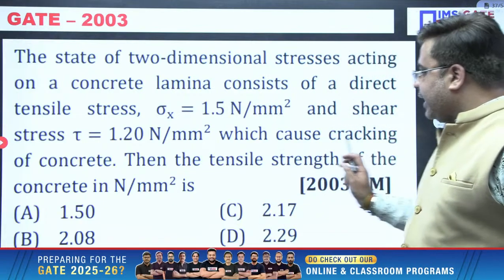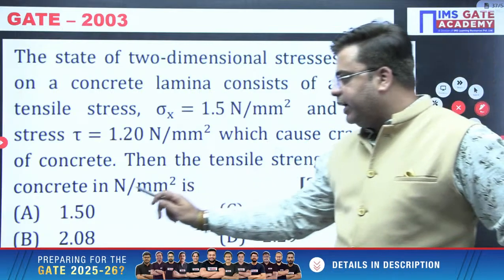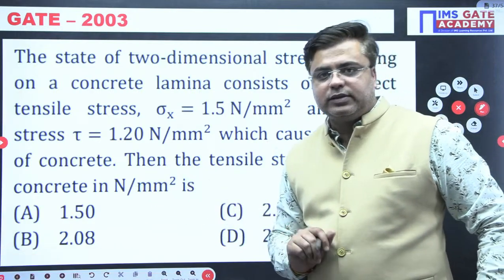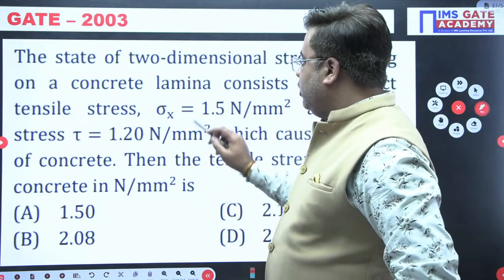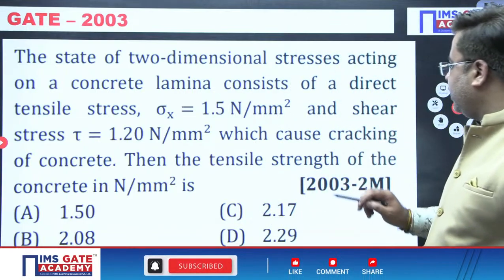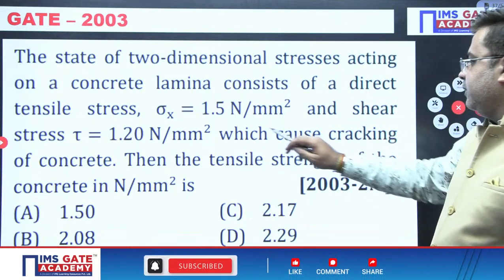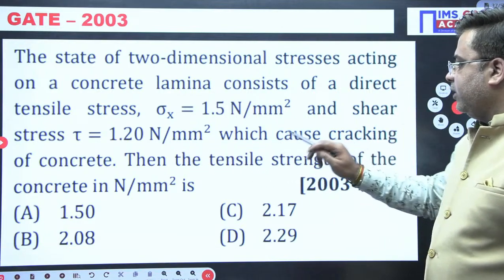Which cause cracking in concrete, then the tensile strength of the concrete in Newton per mm square is. So first of all, understand what is the state of stress given to you. You are given sigma x of 1.5 Newton per mm square and the shear stress tau is 1.2 Newton per mm square, which cause the cracking of the concrete.